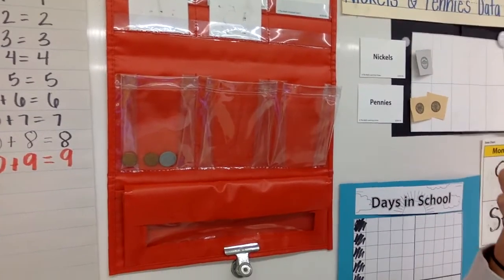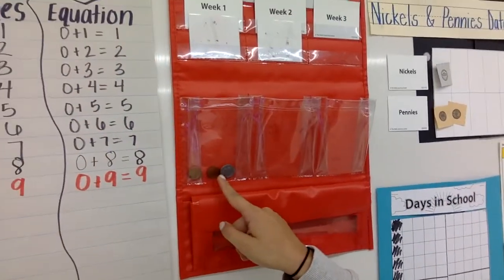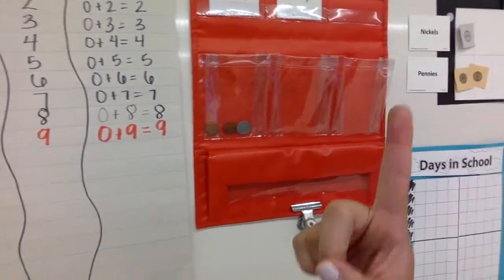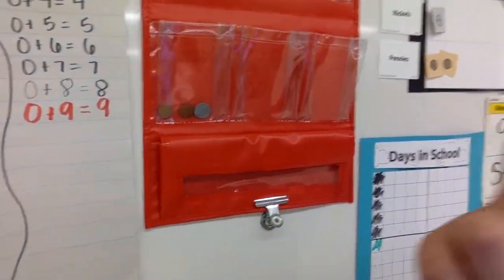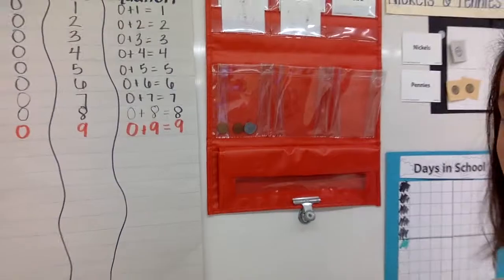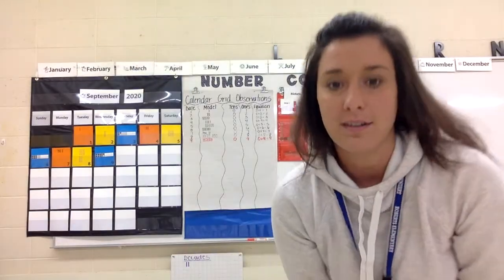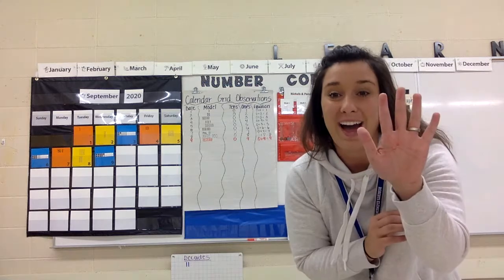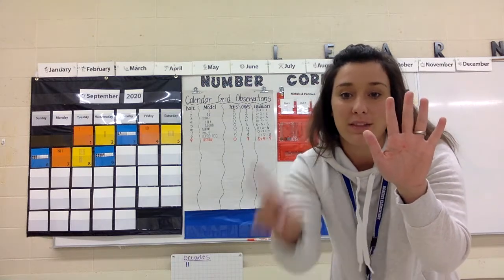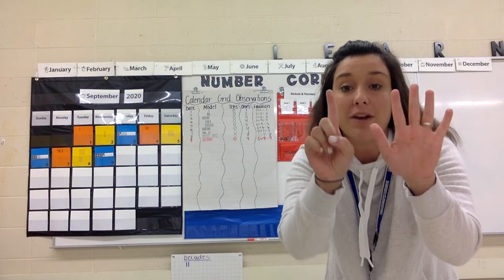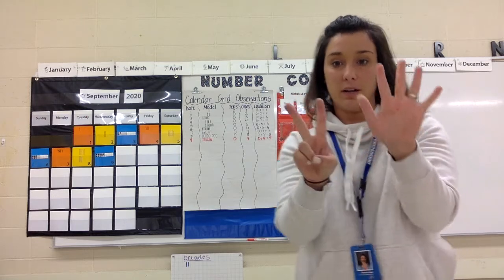So what is that worth? We know that a penny is worth 1, another penny is worth another 1, and then a nickel. So let's think about that. How much is a nickel worth again? 1 nickel is worth 5. What is a penny worth? 1. But we have another penny, so we have another one. So what is 5 and 2 more?